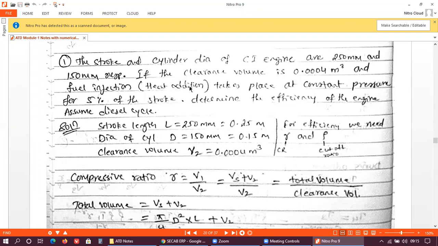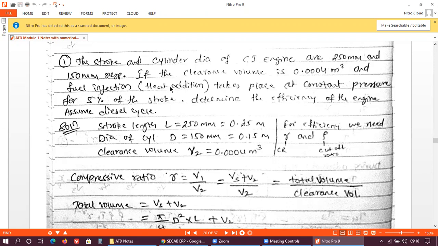Okay, so here the heat addition takes place at constant pressure. If you go through the PV diagram, you will come to know this. During the process 2 to 3, it is a constant pressure line, and during this process only the heat addition takes place. And how much is it? 5% of the stroke. So this V3, it is clearly mentioned here, right? The fuel injection, you try to understand the concept here.